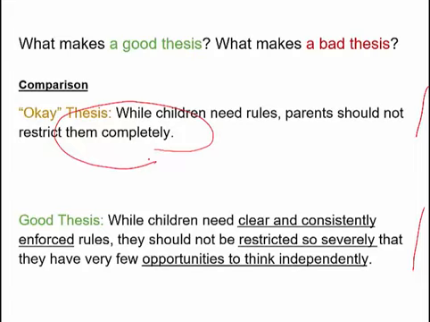That's the difference between this good thesis that you see down below and the okay thesis that you see up above. All right, so presenting your perspective, indicating what your main ideas are going to be in your body paragraphs, and basically just following the rules of the prompt. In this case, we're supposed to give an opinion about the topic, and so that's provided in both the okay and the good thesis statement that you see here.